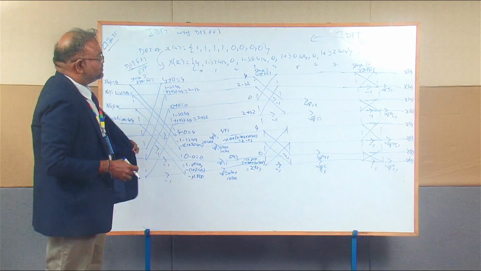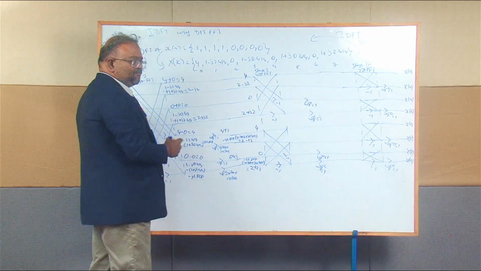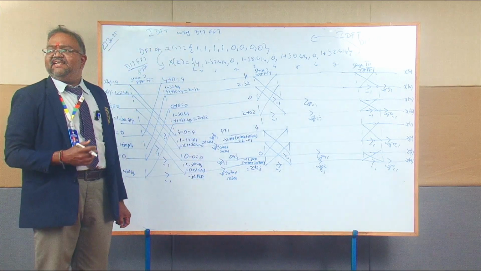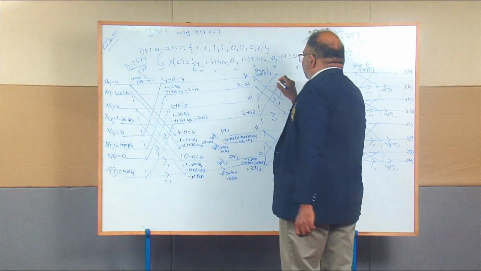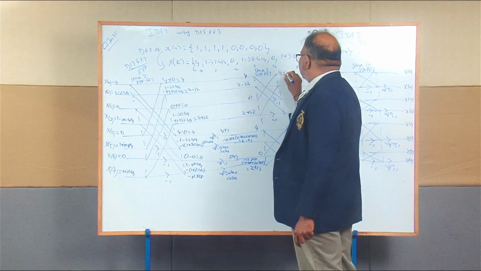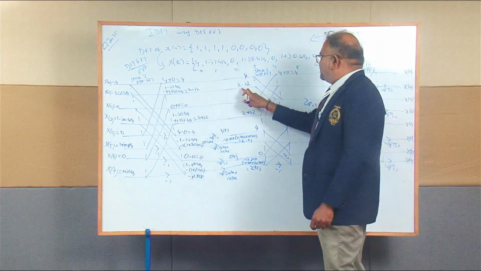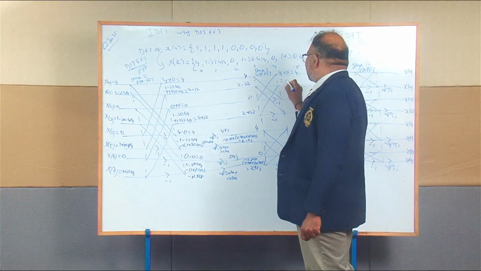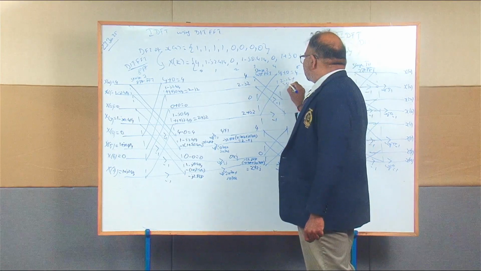Okay. And next we have to come to this stage 2. Up to this, stage 1 is covered. Next we are going to stage 2, right. So, here the first value is 4, the second value is 0. So, 4 plus 0, it is 4. Next one, this signal 2 minus j2, the next signal is plus 2 plus j2.